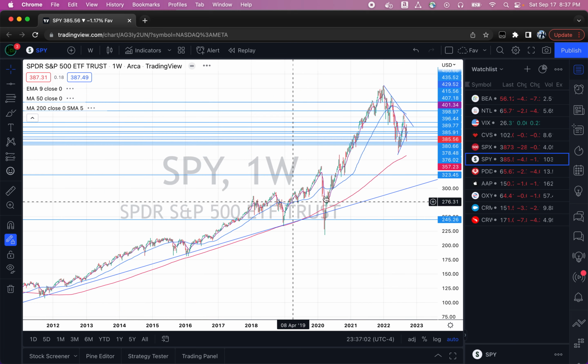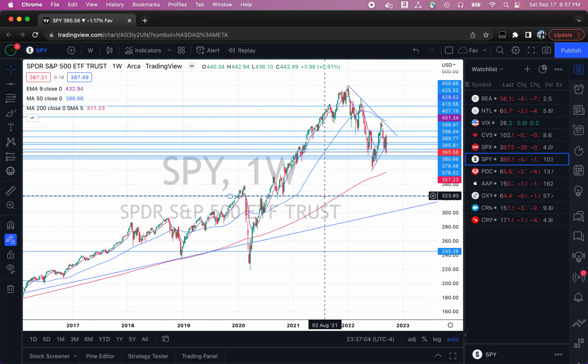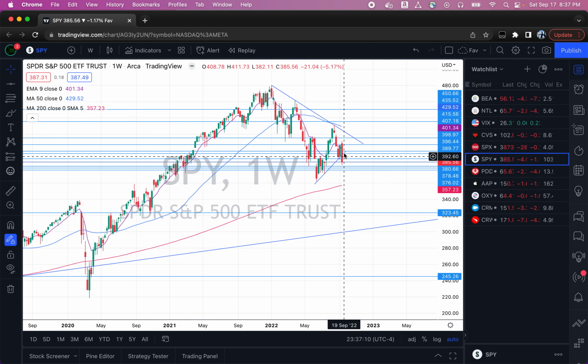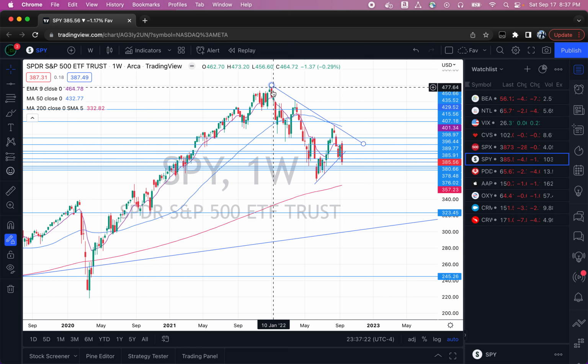If you see the weekly, this is a bearish engulfing, but this is happening in the middle of the range, so it's not the same as the one here. This is happening at the top.